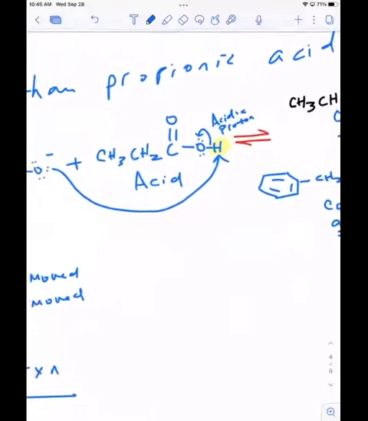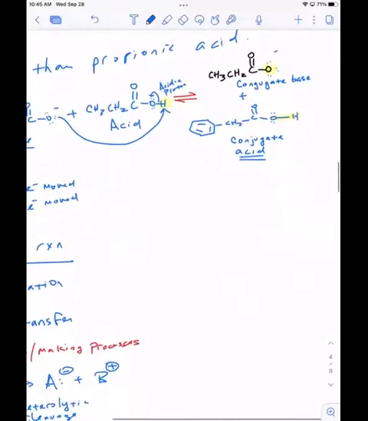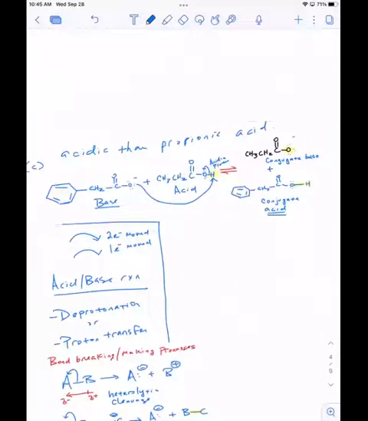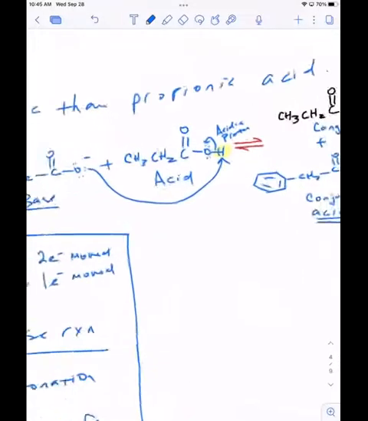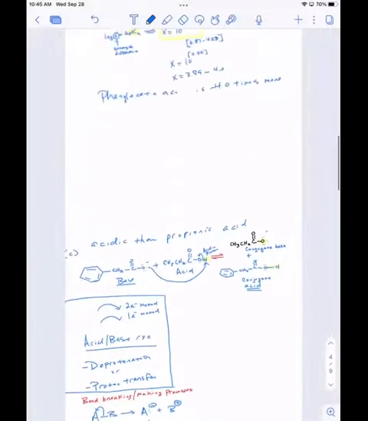So what was the pKa of propionic acid up top? I know it's 4 point something. Is it 4.82? Or 4.87?